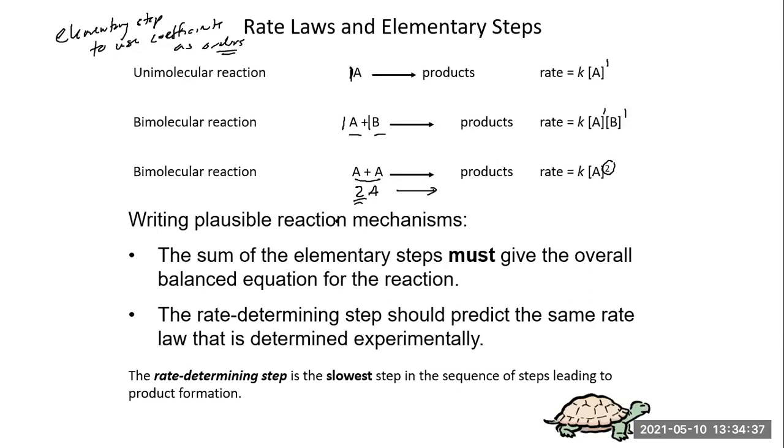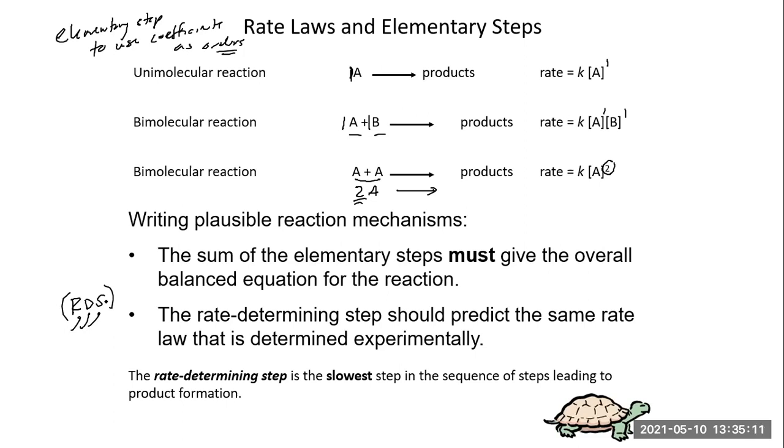The second one can be a little more difficult to determine, and we'll talk about a couple of different ways we can look at it. But the rate determining step, sometimes abbreviated as the RDS, needs to have pretty much the exact same rate law as the rate law that was found experimentally.